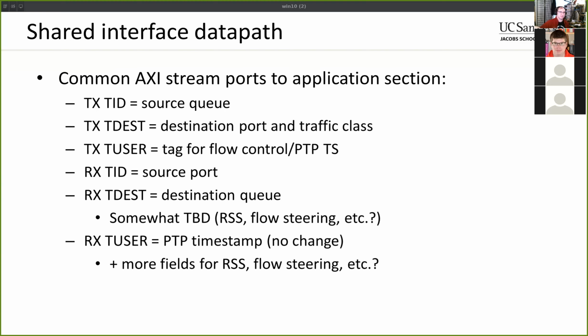And this will make the determination of which transmit FIFO the packet ends up in. And then in the TUser field, we're going to have some tag bits that are used for flow control purposes, and also for associating the PTP timestamp with the original packet.